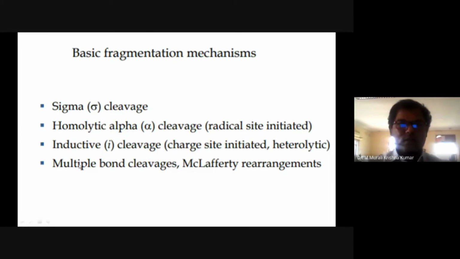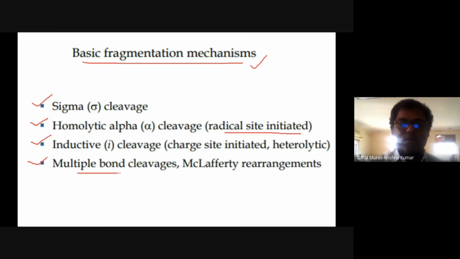Next is how many different types of ionization or fragmentation patterns are observed. One is sigma cleavage. The second is homolytic alpha cleavage, that is radical site initiated. We will see what they are in the coming slides. The third is inductive cleavage, meaning charge site initiated heterolytic cleavage.